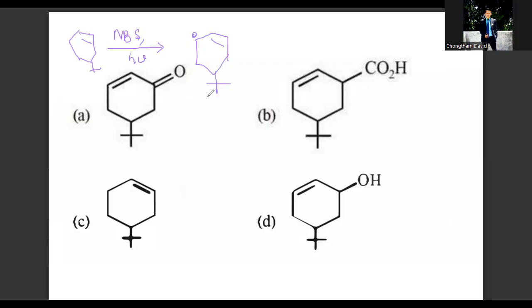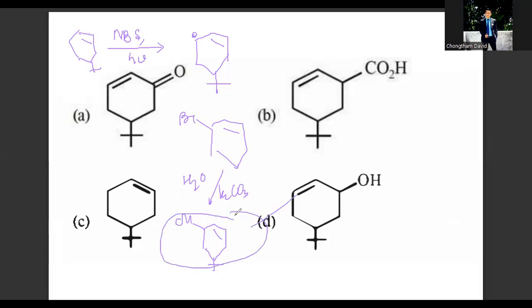And when it is treated with NBS, N-bromosuccinimide, it forms this product. Now again react with water and potassium carbonate. Final product will be an alcohol. Okay, so 39 will be D. See, it resembles D.